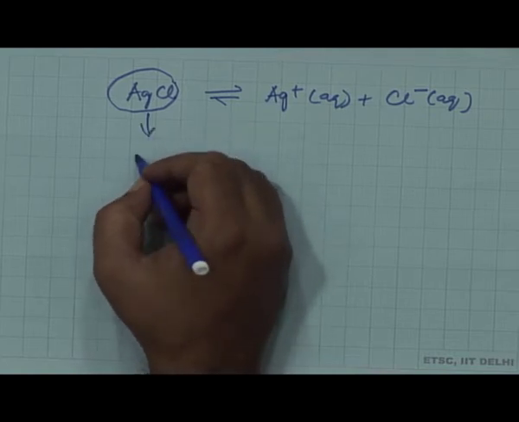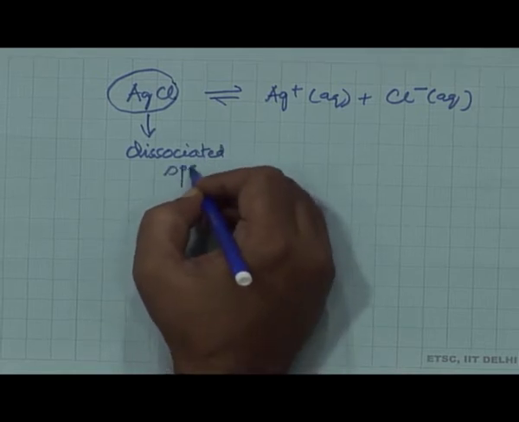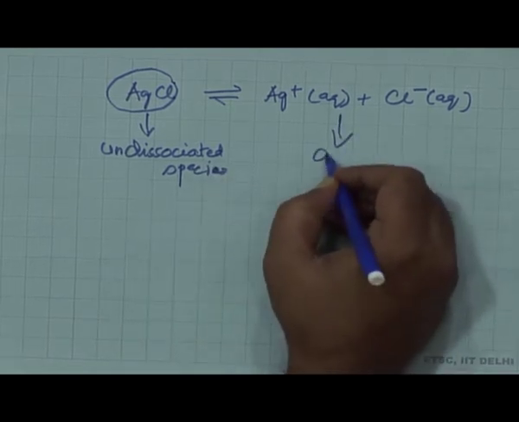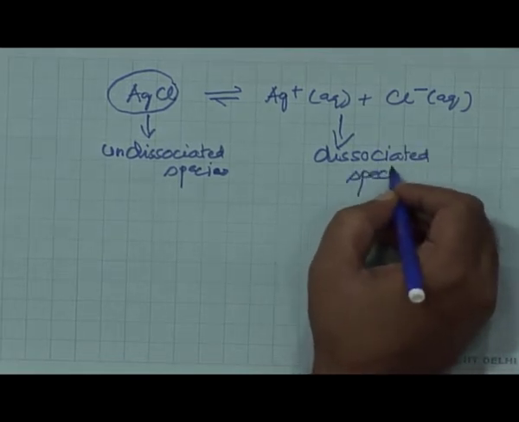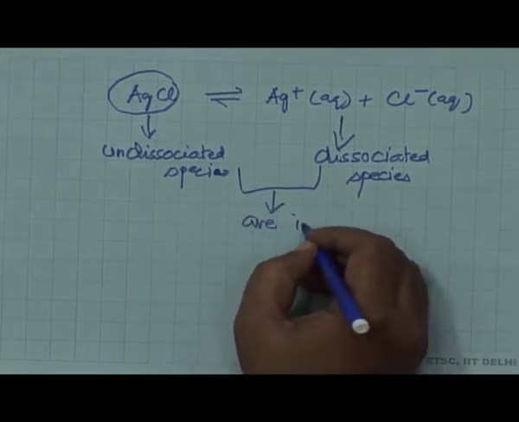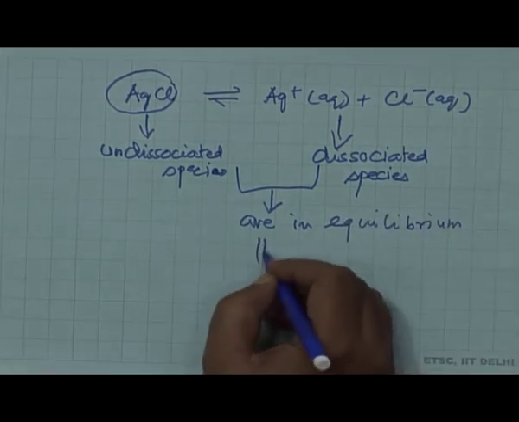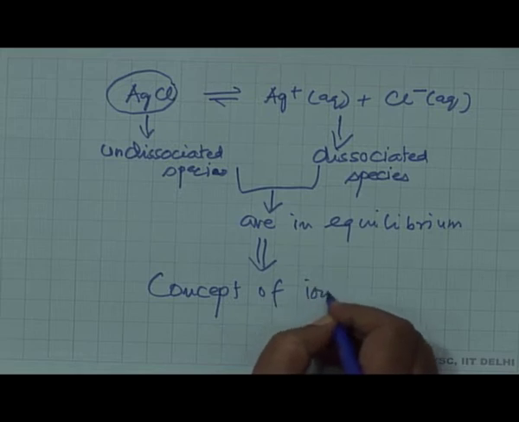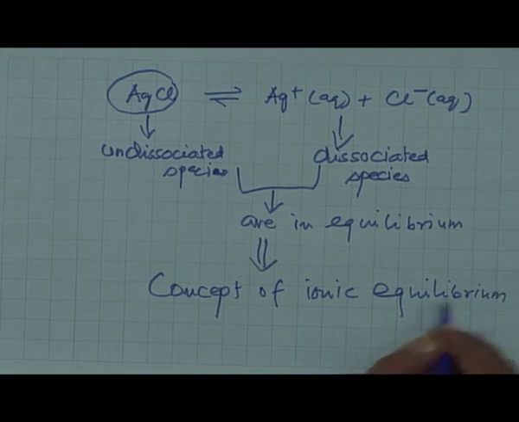Both undissociated species and dissociated species are in equilibrium, so we can apply the concept of ionic equilibrium.